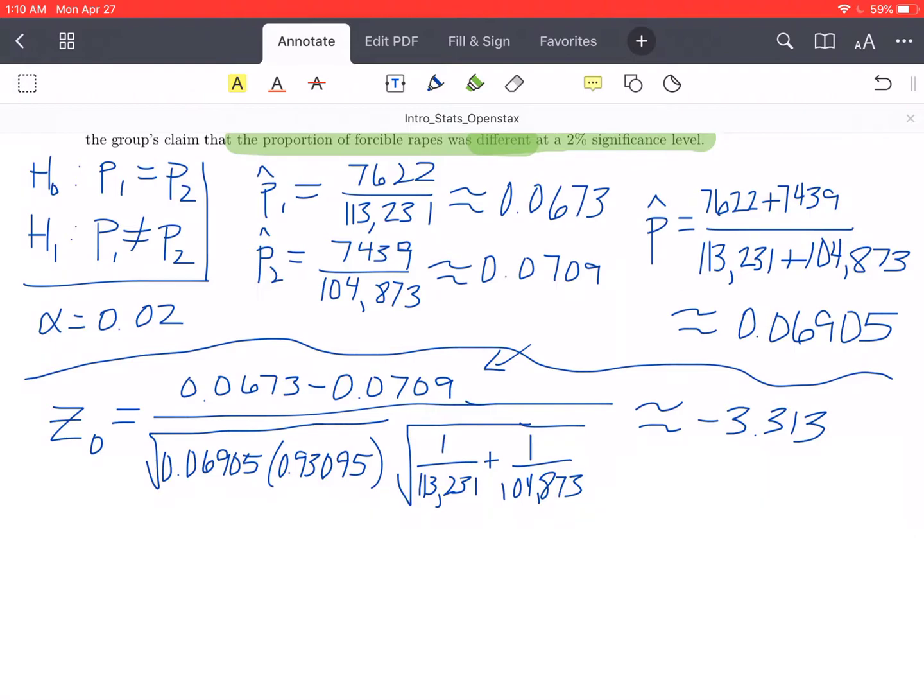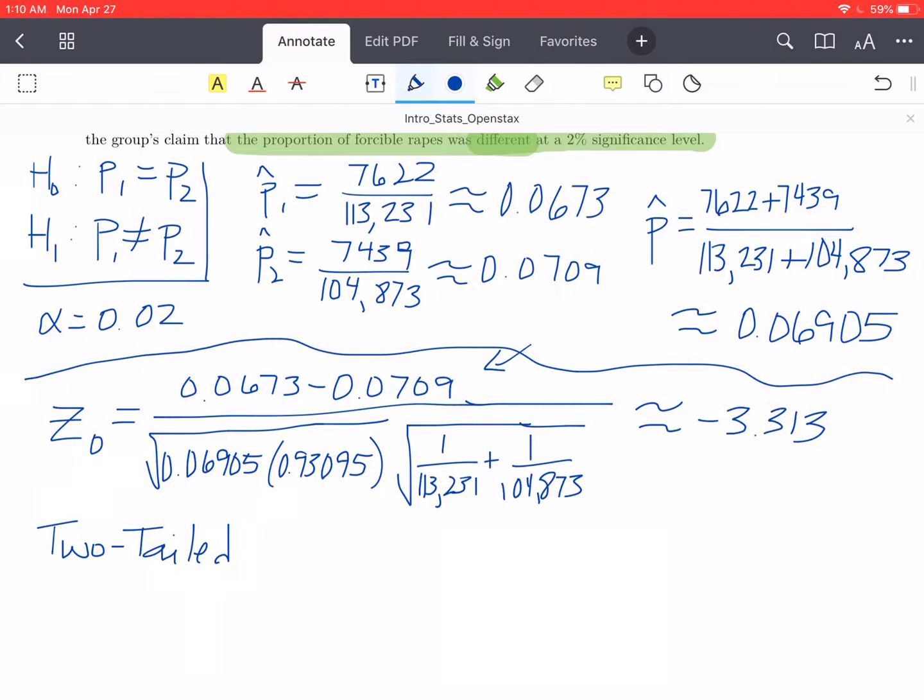Now, if you had done this the other way, and you had decided to make P1 based on 2011 and P2 based on 2010, that's okay. You would just get positive 3.313. The reason this isn't going to matter is because this test is a two-tailed test. And if you're wondering why, just go back and look at the alternative hypothesis. So the alternative hypothesis said that P1 is not equal to P2 right up here. So that means that it could be on either side, right?